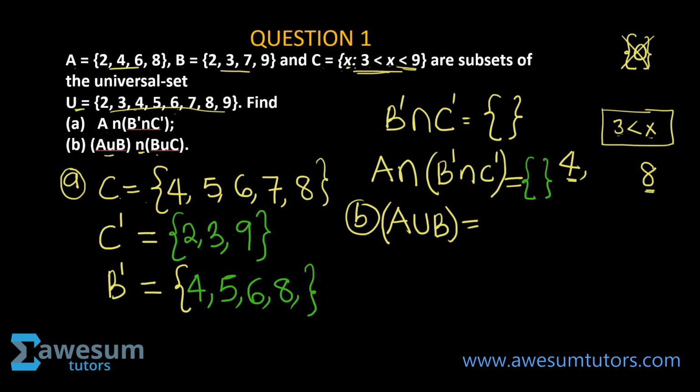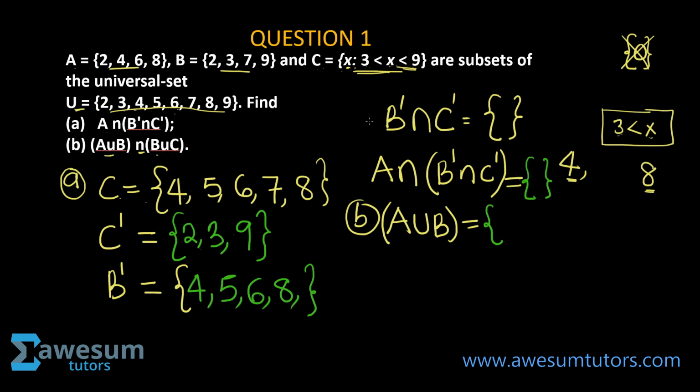Union is the set of all elements in the sets you are considering, right? So if you say A union B, that means it's the set of all elements in set A or B or both of them. So basically what you are trying to do is you want to include all the numbers in A and B. You want to bring them together.